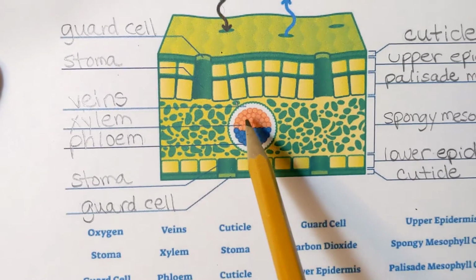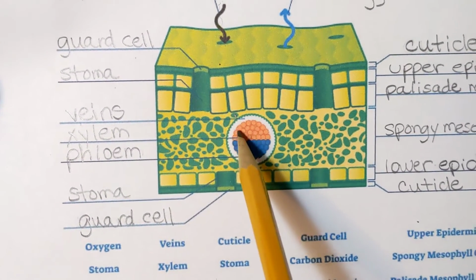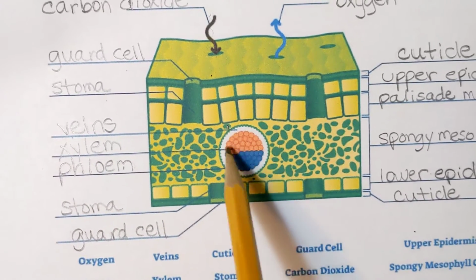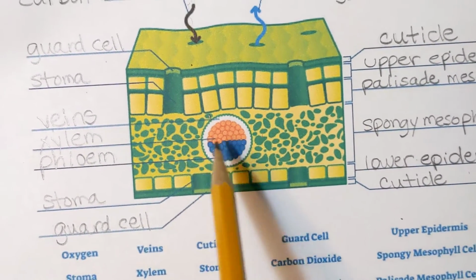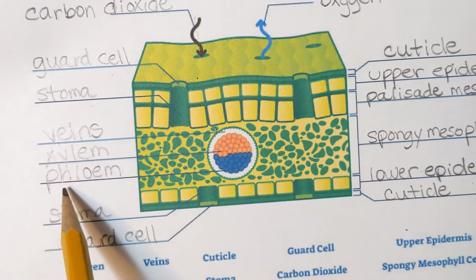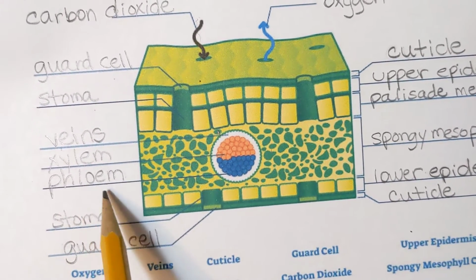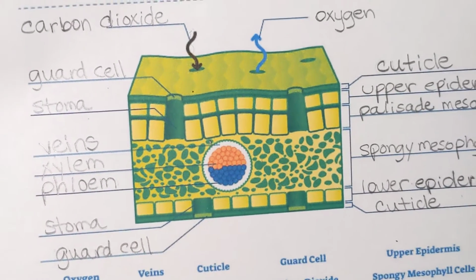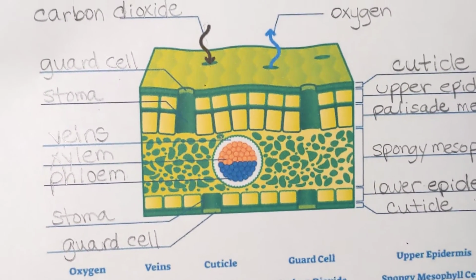And then the red, this is called the xylem, the red cells. And the blue cells are phloem. The phloem are what transport sugars to all the parts of the leaf.